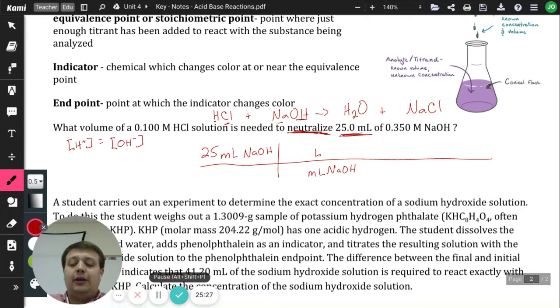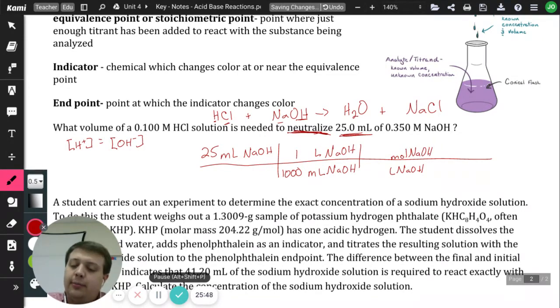So milliliters into liters. So I know that there are 1,000 milliliters in 1 liter of NaOH. And then we're going to go from liters of NaOH into moles of NaOH using our molarity. So I know that I had a molarity of 0.350 moles per 1 liter.